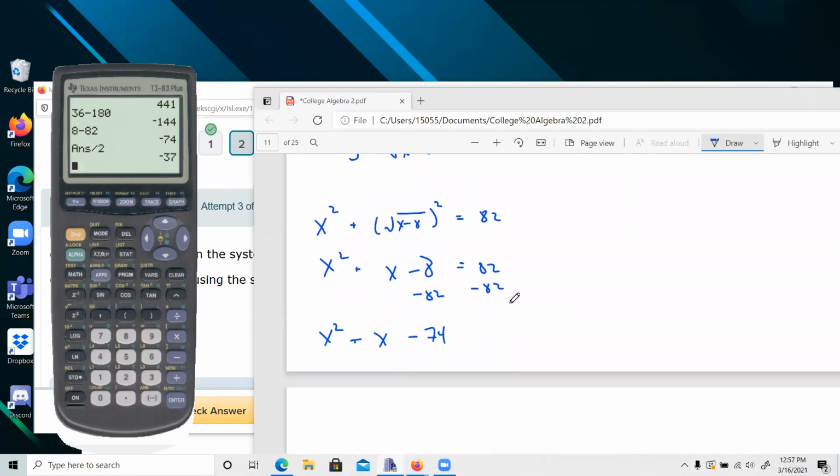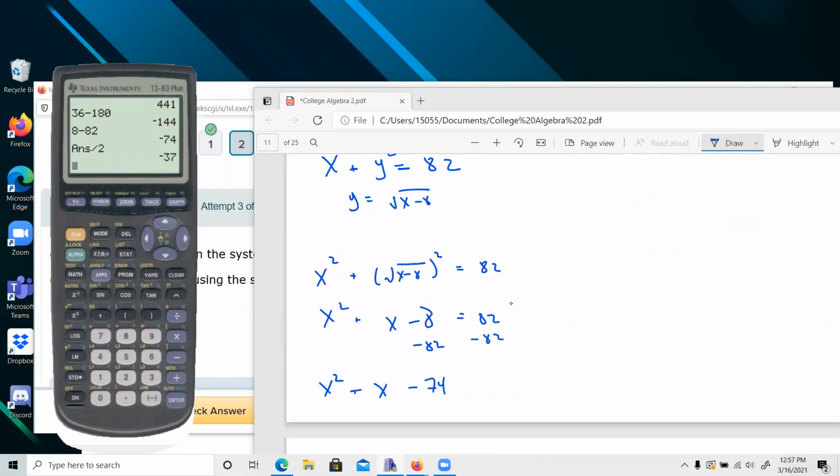Wow, this is going to be a delightful problem. Wait, it's negative 8 plus... okay, let me not get excited on that one. So 8 and 82, that's going to be 90. Okay, I'm a little bit happier. And the reason why is because we've got to solve this. Plus x minus 90 equals 0. So I've got to come up with how to factor this.